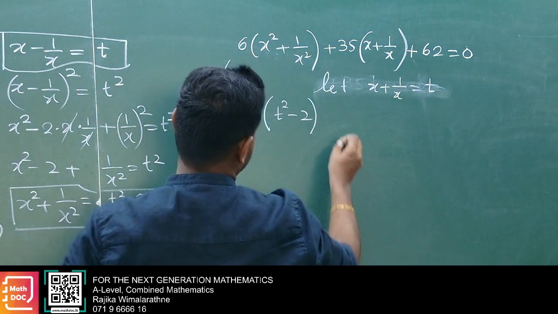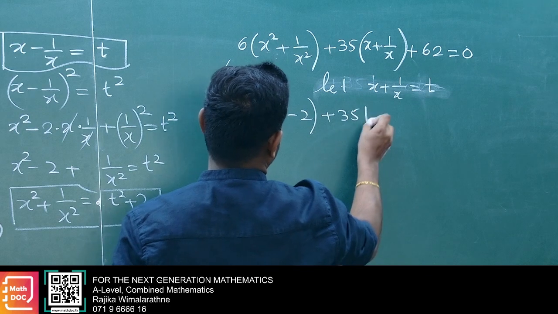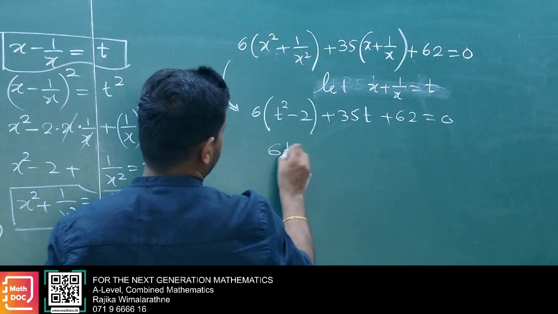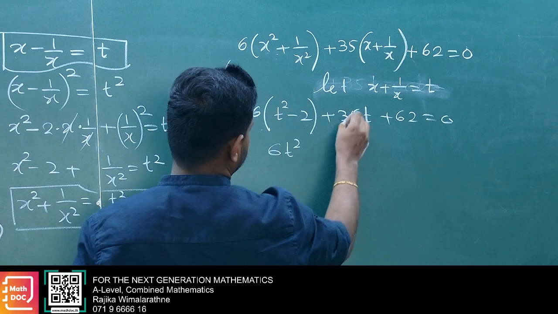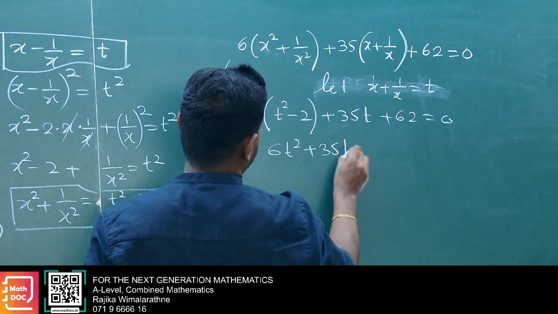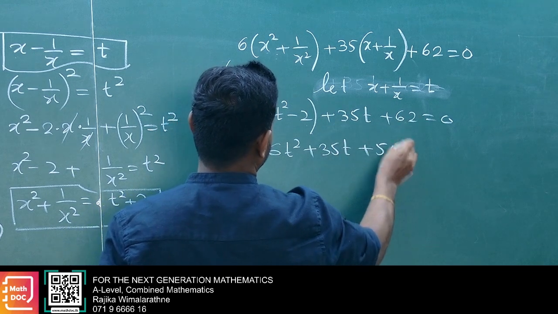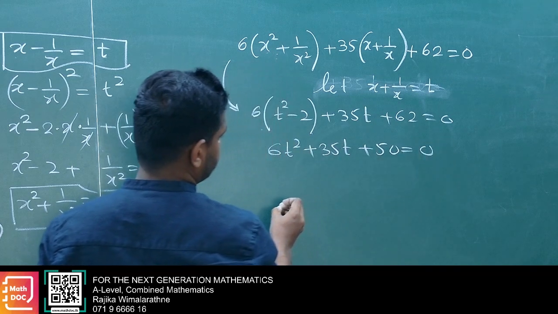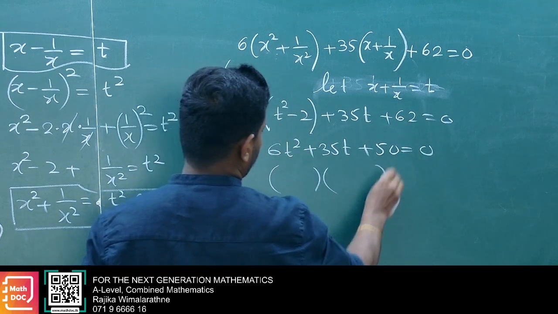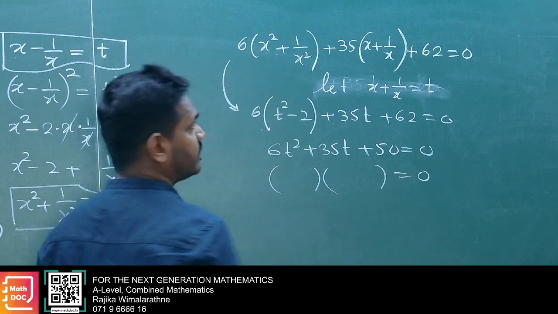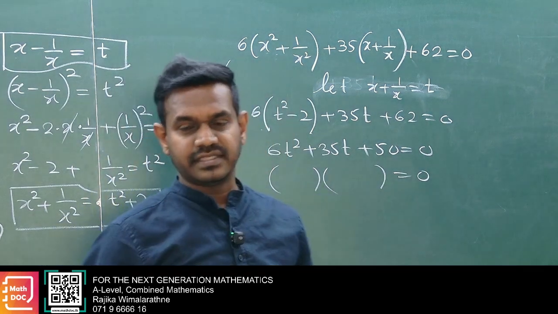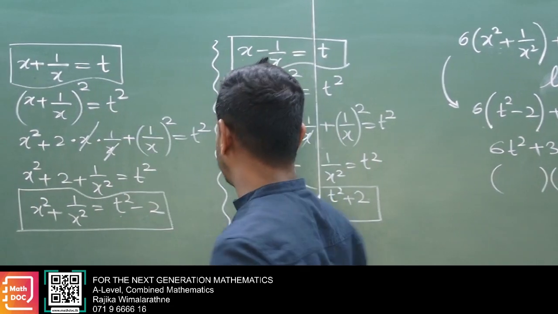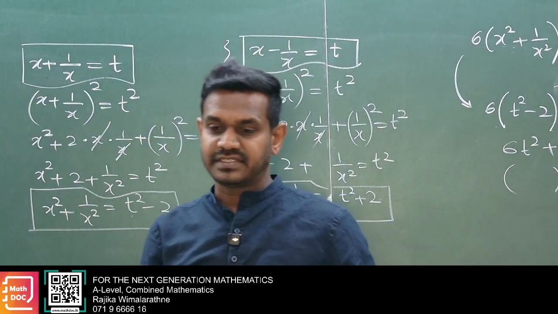So 6 times (t squared minus 2) plus 35t plus 62. Then 6t squared minus 12, plus 35t, plus 62 minus 12, gives 50. Now factorize. Okay, first write this relation here; we have done this before, but anyway just write that one first.